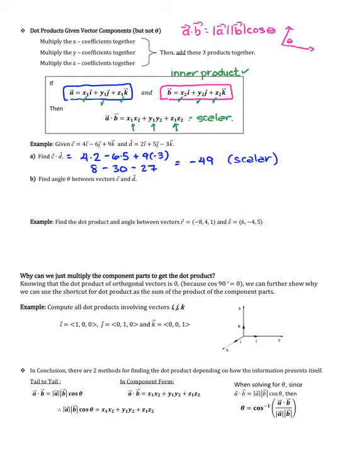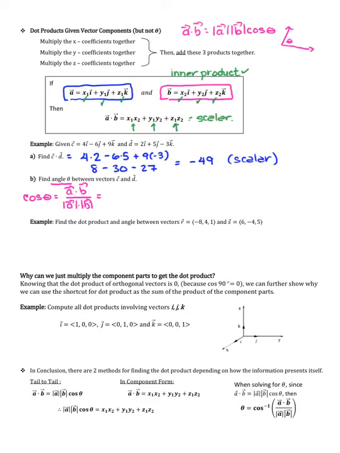Now, let's find the angle between those two vectors, because those are in component form. So we're going to use the definition, and we're going to isolate cosine theta. So I have that definition up above, and notice that now in the numerator is the dot product divided by the product of the magnitudes. Awesome.